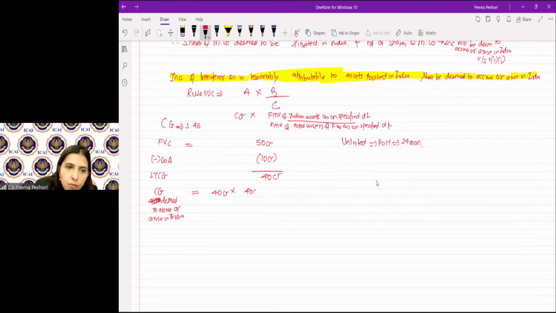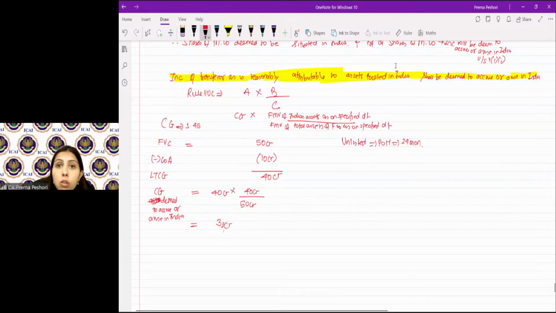So this will be 40 crore into 40 crore divided by 50 crores, which is 32 crore. So the capital gain taxable in India, deemed to accrue or arise in India, will be 32 crores.